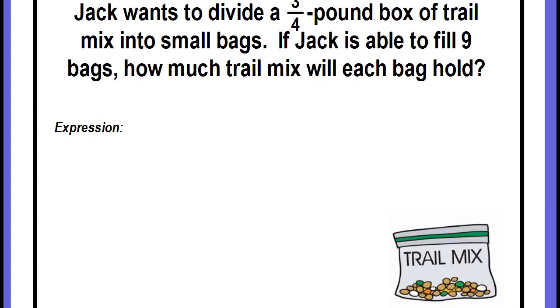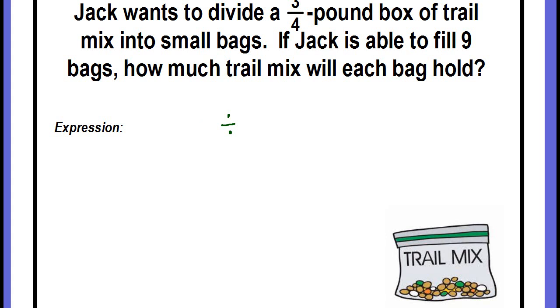All right, Jack wants to divide a 3/4 pound box of trail mix into small bags. If Jack is able to fill 9 bags, how much trail mix will each bag hold? Okay, first thing we need to do is write our expression. When we write our expression and it's division, the amount that we're splitting up, our dividend, always goes first.